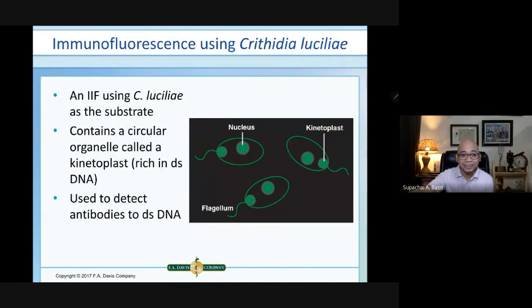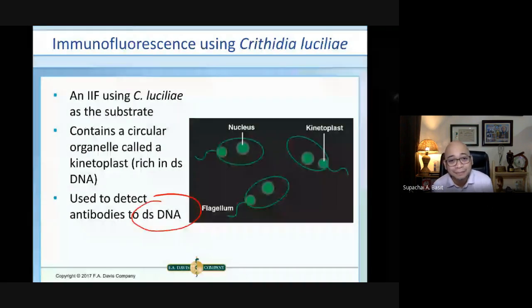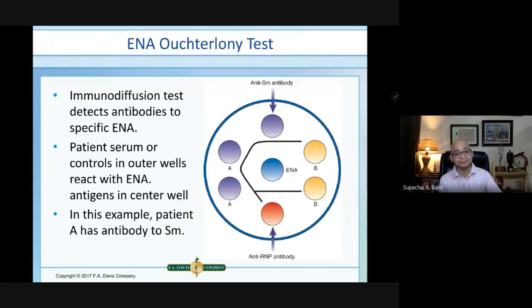It contains a singular organelle called the kinetoplast, this is where the flagella will actually come from. It is used to detect antibodies to double-stranded DNA. So this one is more specific for SLE as compared to other animal substrates, because the substrate I showed you before came from rats, but this one came from a protozoan, known as the trypomastigote.